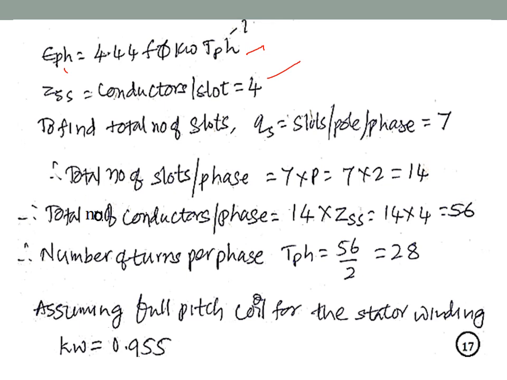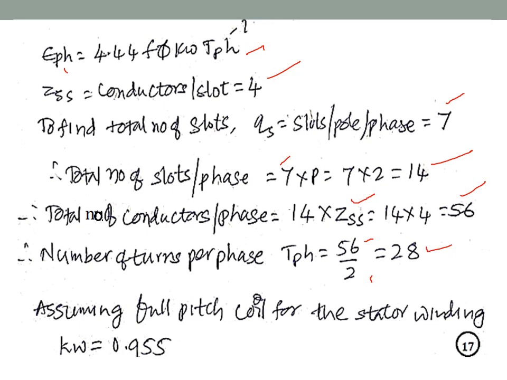Slots per pole per phase is given as 7. Total number of slots per phase: per pole is not there, so we have to multiply with the number of poles, 7 into 2, 14. So total number of conductors per phase is 14 into ZS, 14 into 4 conductors per slot, 56. So turns per phase TPH is equal to 56 divided by 2, 28.